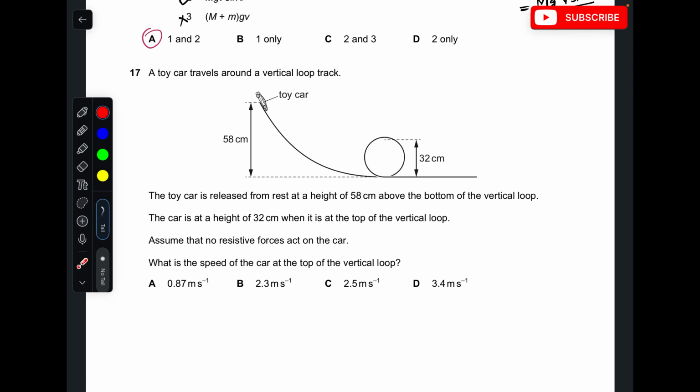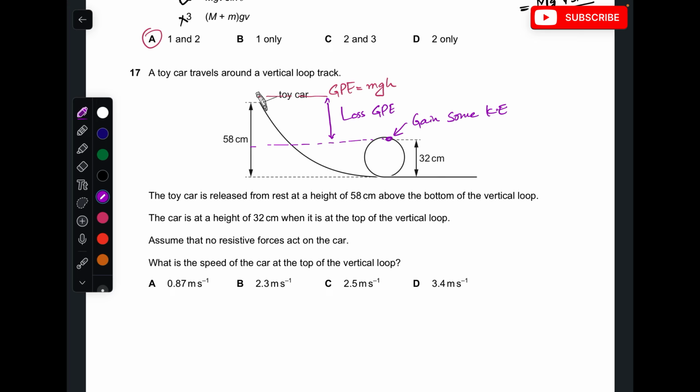Okay. So at this point, this will have GPE, that is mgh. We have to find when this is at this point, it loses some of the GPE and gains some kinetic energy.